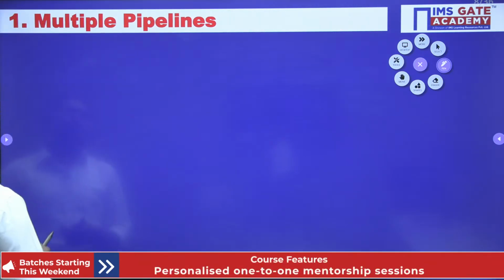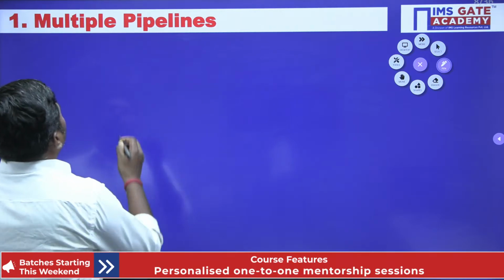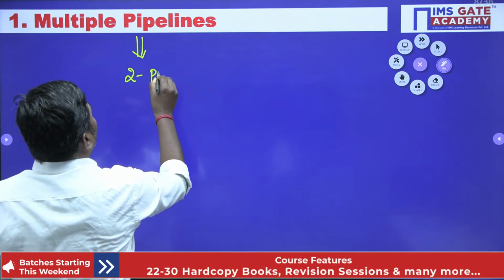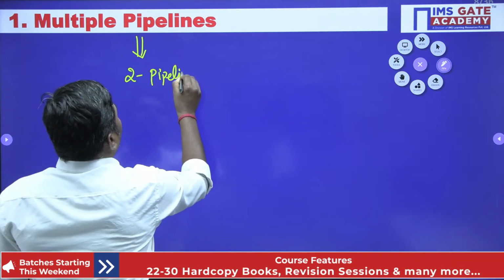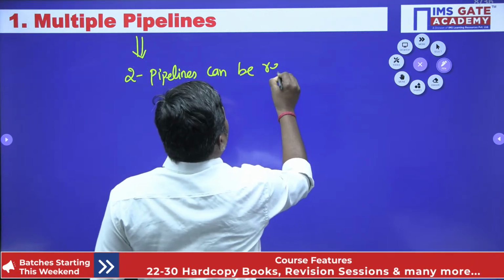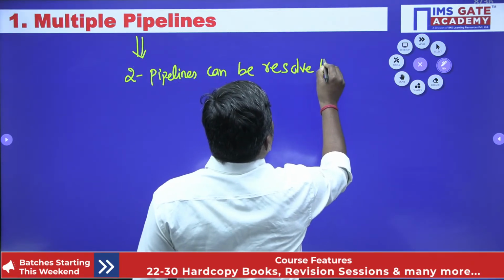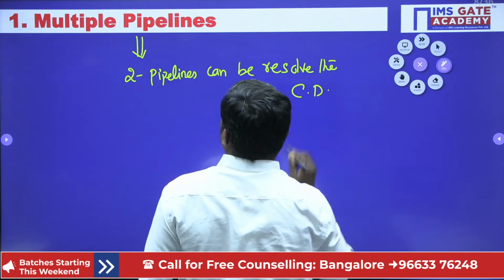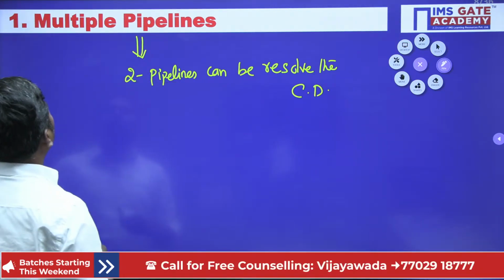The first approach is multiple pipelines. In most cases, two pipelines can resolve the conditional dependency problem. So what does the two pipeline approach tell?